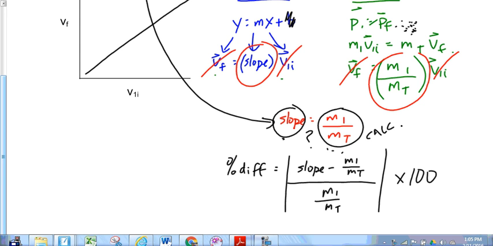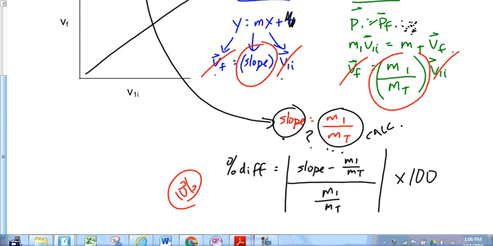You want to be within 10%. So if your percent difference is less than 10, you can safely conclude that the law of conservation of momentum is valid. If it's greater than 10%, then you would say the law of conservation of momentum is not valid in this situation. Of course, we know that it should be, right?